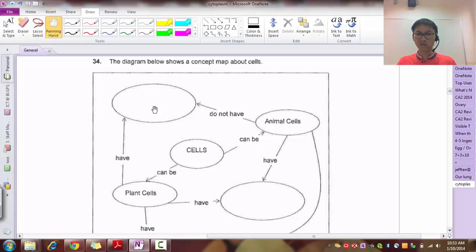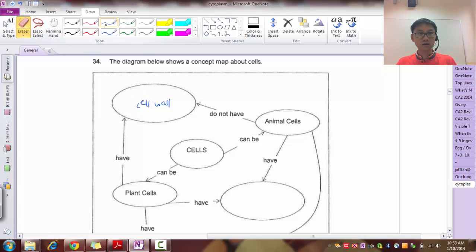What is this thing that plant cells have but animal cells do not? Let's recall. Nucleus both have, cell membrane both have. So what is it that a plant cell has that an animal cell does not? It's either a cell wall or cytoplasm. Is it cytoplasm? No, not cytoplasm.